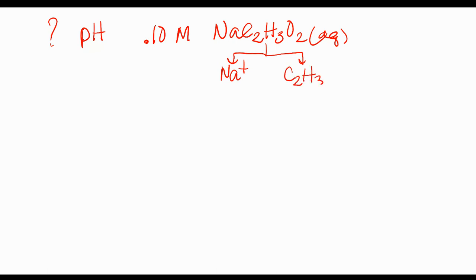Acetate is a base. Now, once we know that, we also know it's a weak base, okay? And so this becomes kind of the easier part. It's just really this first part that's identifying what it is that's harder.